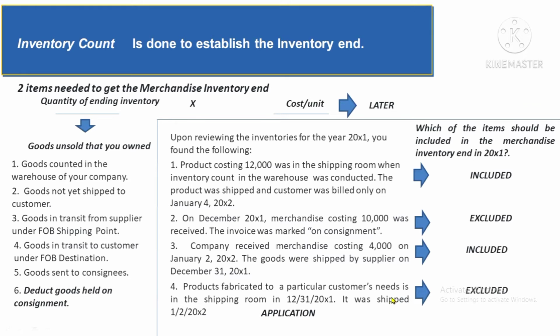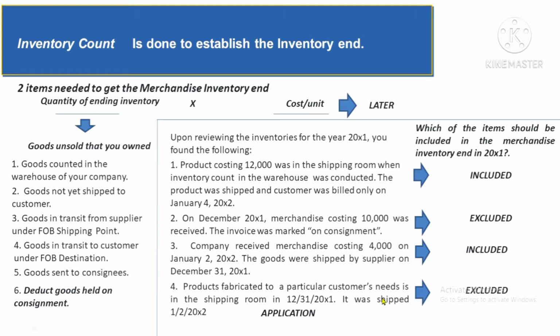So let me repeat. If you are the seller, even if the goods are already in your packaging room or shipping room, as long as it is still in your company's property, the default is it is still included in your inventories owned, except if those goods are customized for a specific customer. So that's it for the quantity of inventories that you owned.